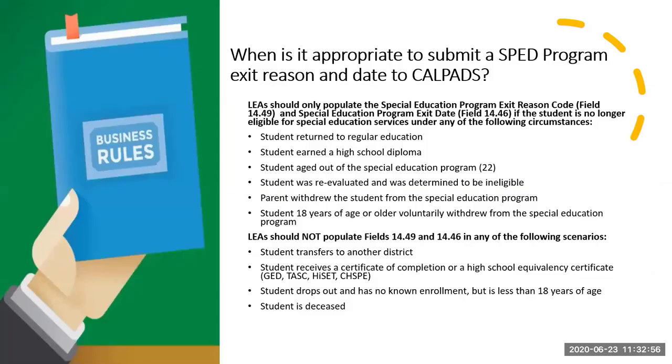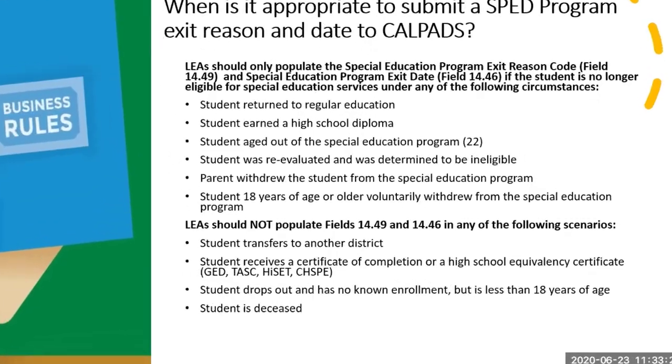Okay, so first thing we want to consider is, when is it appropriate to submit a SPED program exit reason and exit date in CALPADS, right? So LEAs should only populate the Special Education Program exit reason and Special Education Program exit date if the student is no longer eligible for services under the following circumstances.